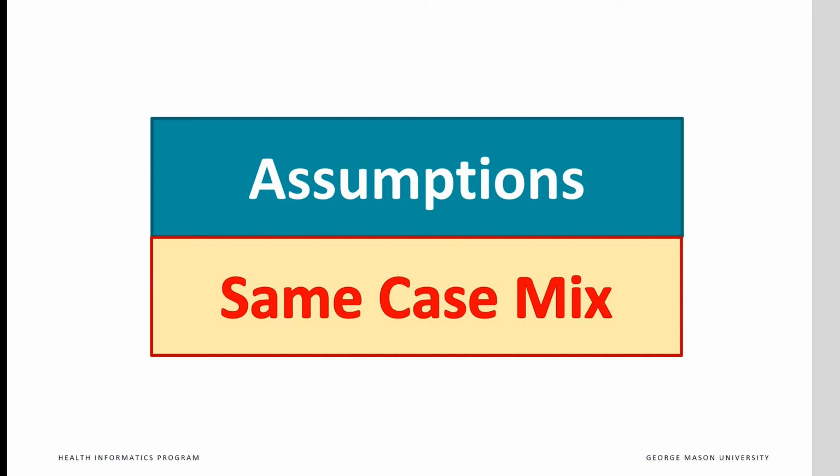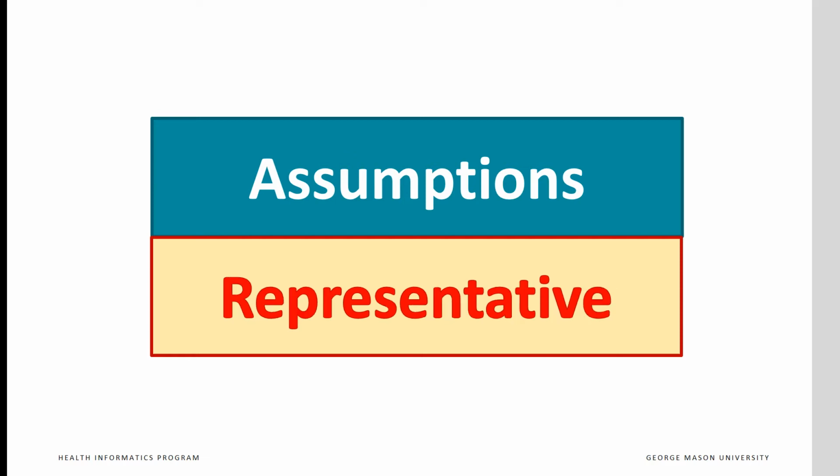The nature of the patients we are seeing in different time periods should be the same. They are not sicker or healthier in one or another time period. Finally, we also assume that the sample represents the population. This is a complex assumption and includes assuming that during the time period we collected data, we did not have a change in the underlying care processes.